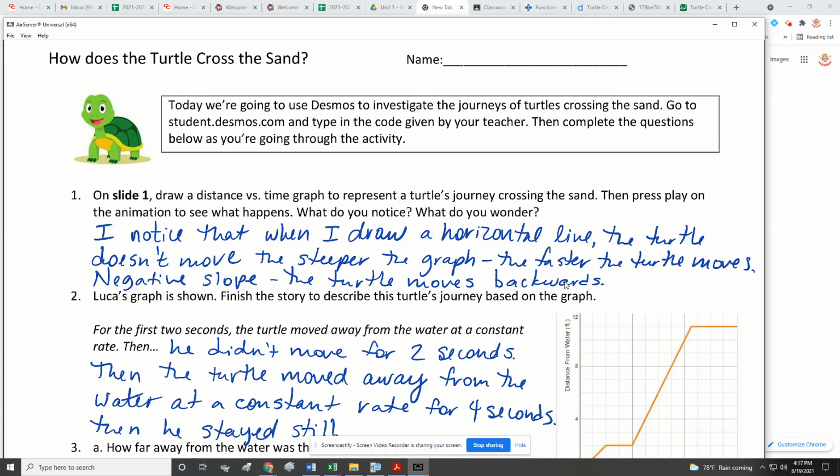But in this turtle situation, make note that the distance is a function of time.